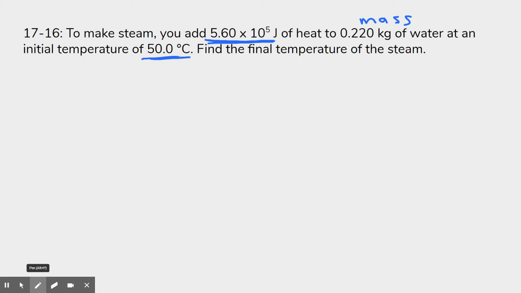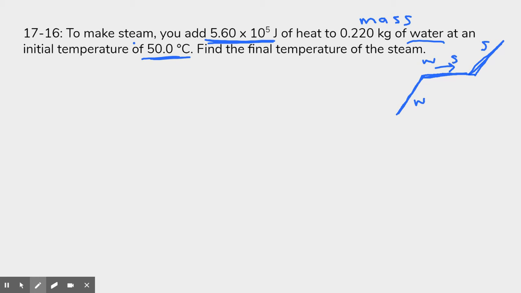So recall that anytime we have something turning to steam, so we're going from water to steam, we have on the curve the part where it's water, and then we have this flat area where it's converting from water to steam, and then it continues on being steam. So this is steam, this is water, and this is our place where it's converting from water to steam. All right.